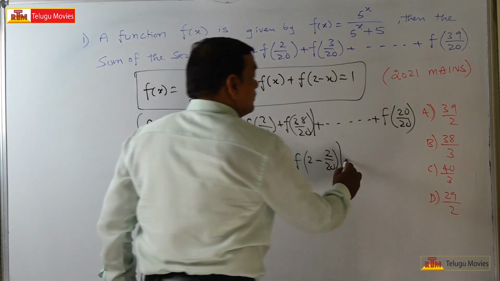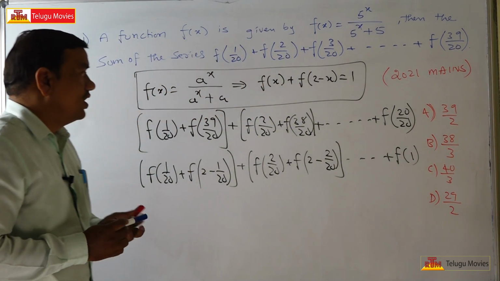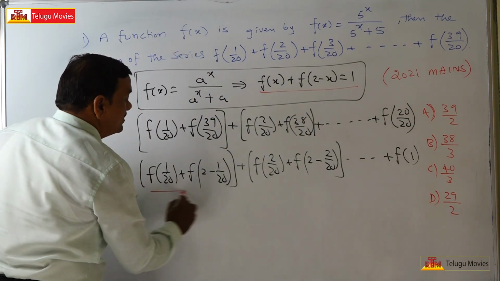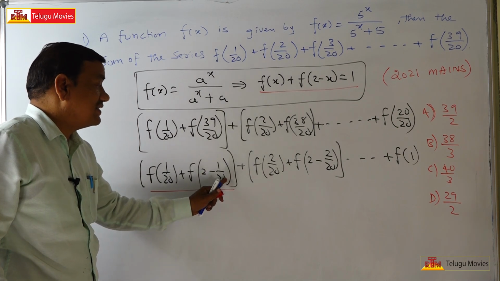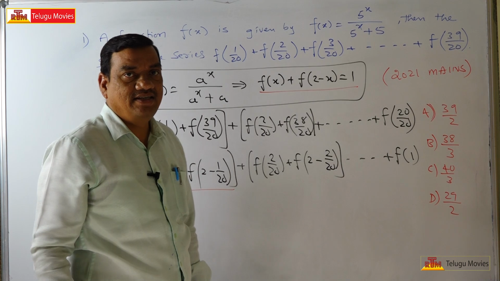So on, and the last remaining term is f of 1. Now if you observe, both terms are of the form f of x plus f of 2 minus x.